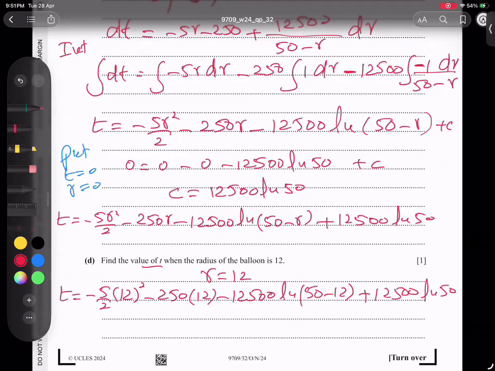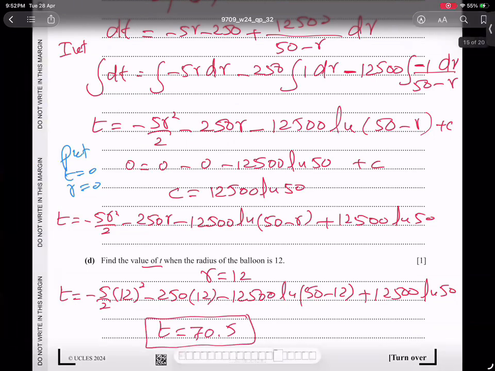Now, is it just a matter of typing in the calculator? Let me check what answer it turns out to be. It's a long working and we have to type it: minus 5 by 2, 12 square, 250, 12, 12500 log of 50 minus 12, and this one. So the answer turns out to be 70.53 SF. I hope the concept of the question is clear.